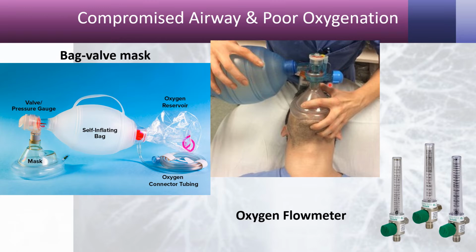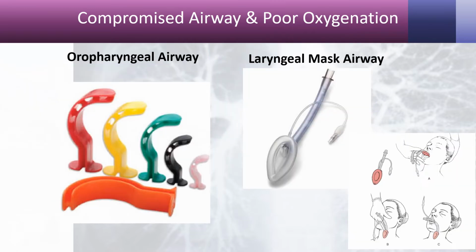Remember that you have to do a C clamp, and you have to put your 3 fingers below the jaw of your patient, and as you can see, this is a head tilt chin lift. Again, you use this ambo bag, also known as bag valve mask.